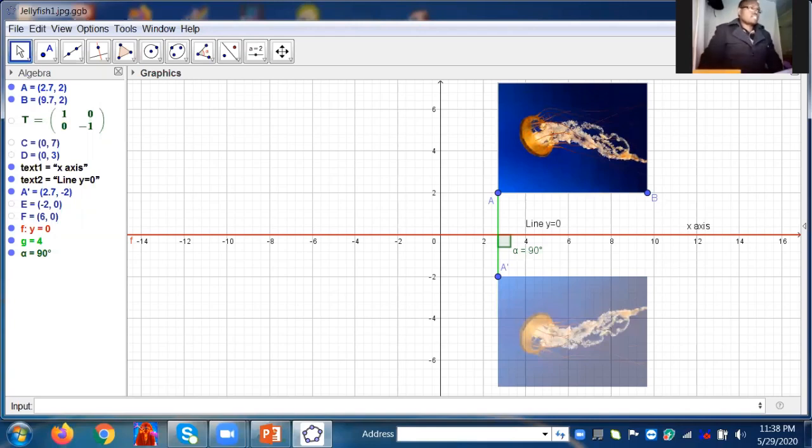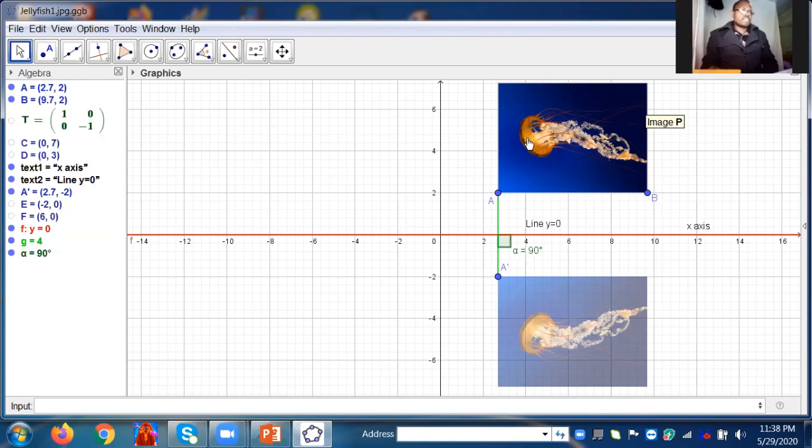The matrix T equals 1, 0, 0, -1 is a matrix of reflection on the line y equals 0, and this line is the x-axis. I have applied this matrix to the jellyfish, and I can move this jellyfish for you to see the behavior of the image.